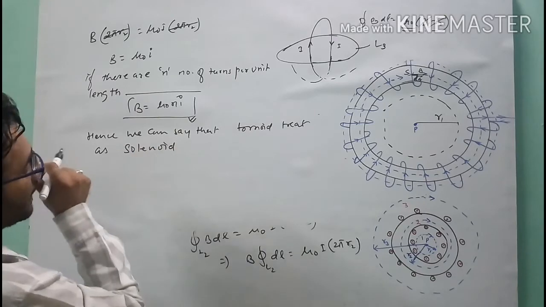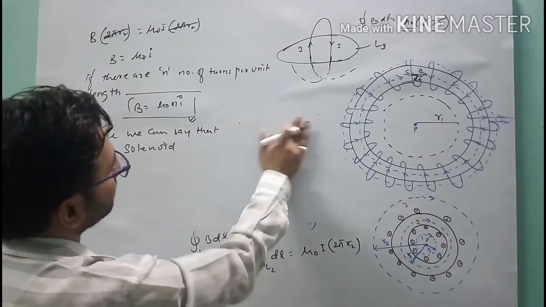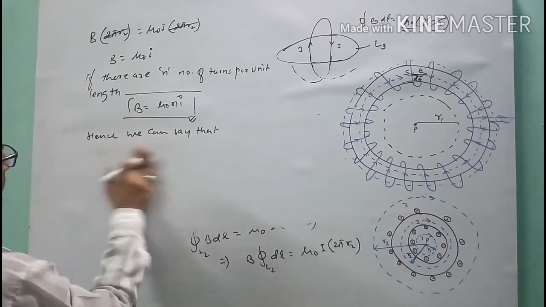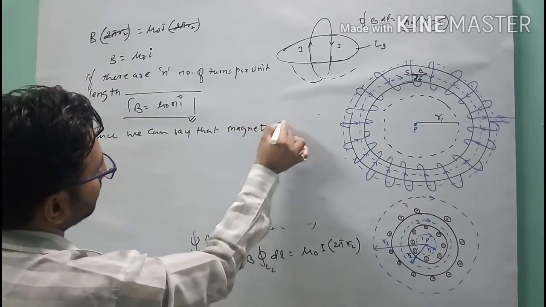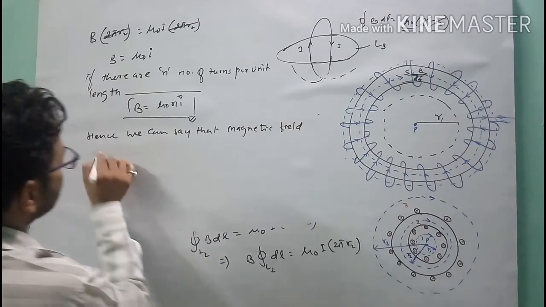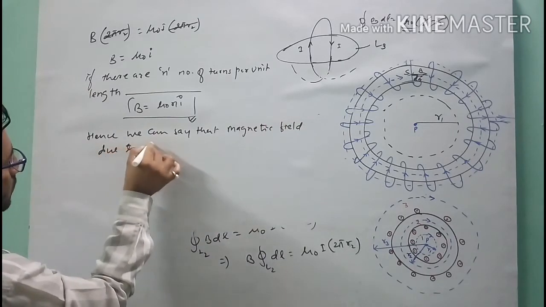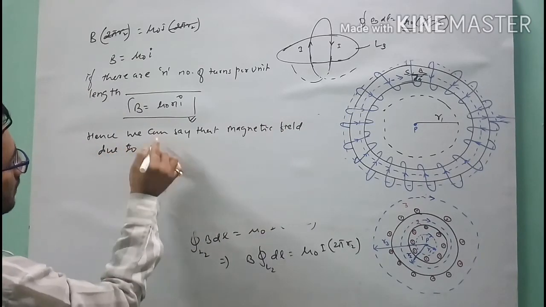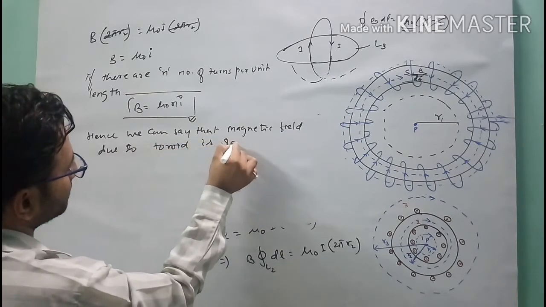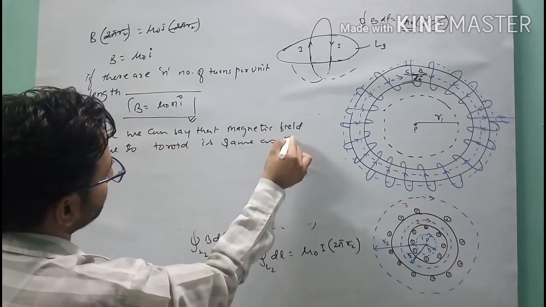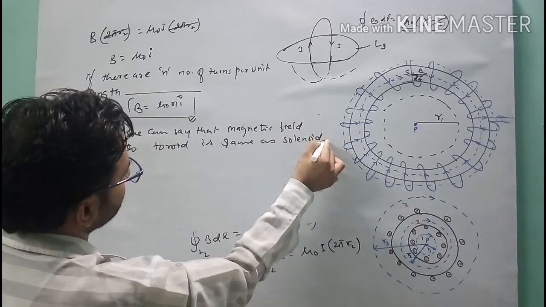Or we can say that the magnetic field due to a toroid is the same as that of a solenoid. Point is clear, student?